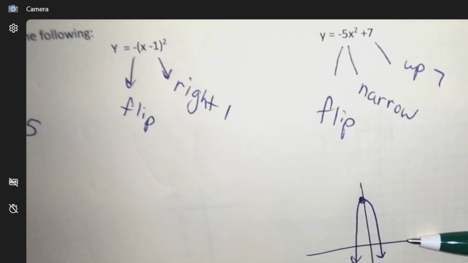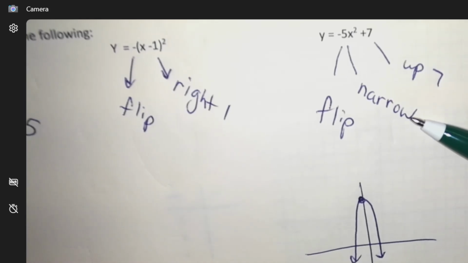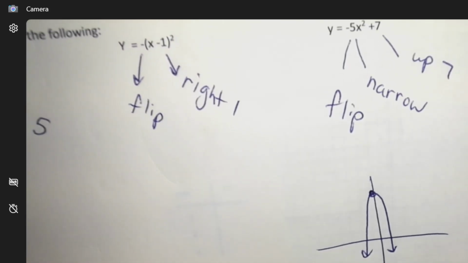It's going to flip, it's going to narrow, and it's going to be shifted up 7. So that's kind of the idea. I just kind of threw a visual here. That's what it's doing.